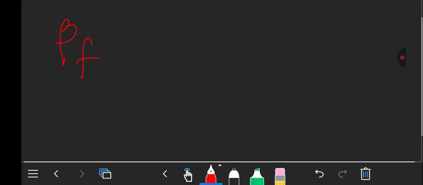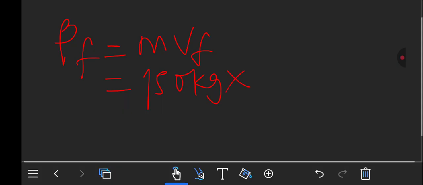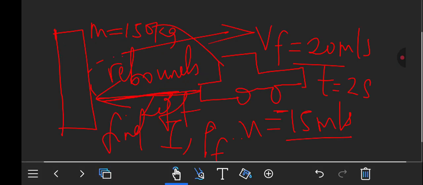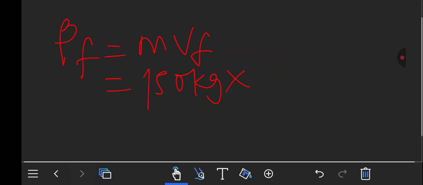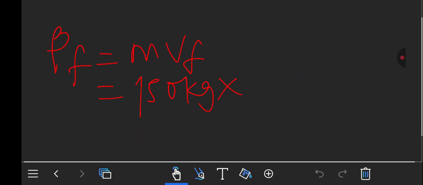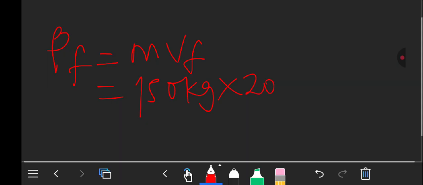Then calculate the final momentum. Final momentum is equal to the mass multiplied by the final velocity. What is the mass? It is 150 kg. What is the final velocity? The final velocity was 20 meters per second.